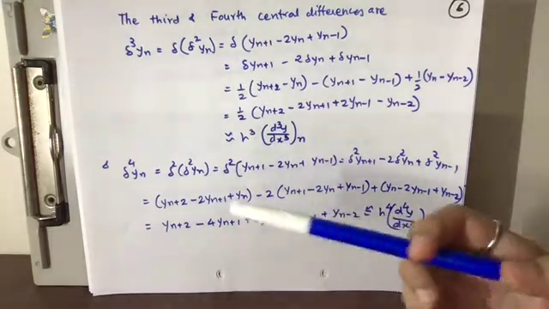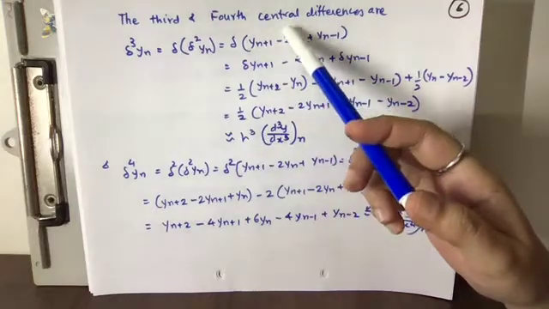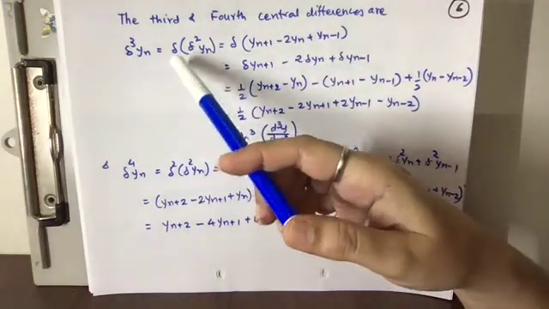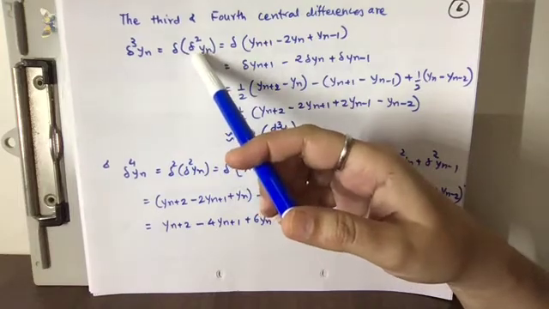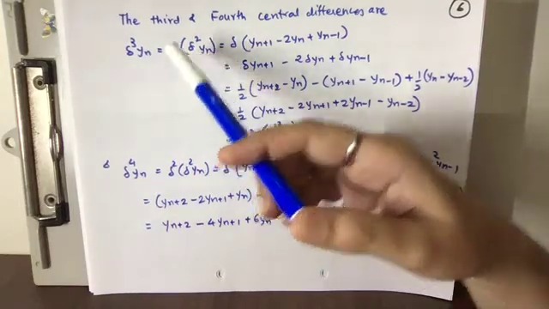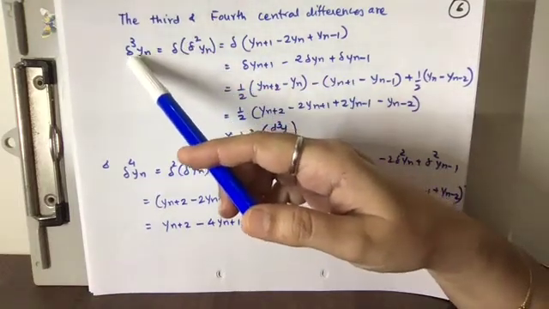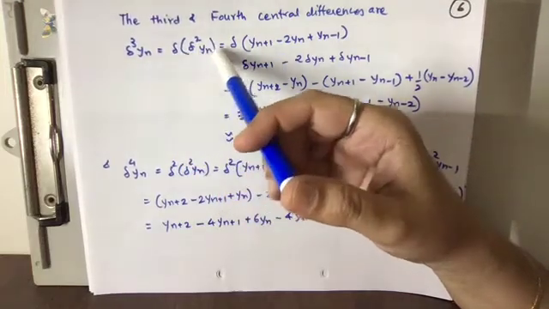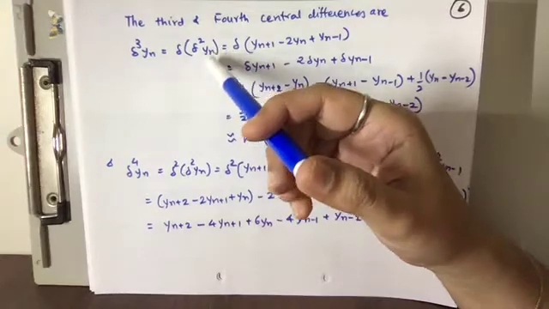Now similarly we can also write the third and fourth central difference equations by following the previous formulas for the second central difference equation, that is delta cube y_n, where you can take delta square y in brackets.